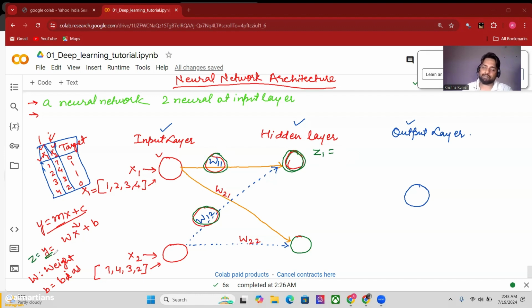Don't get confused. Now I want to show you some calculation, but there is one more parameter called bias. So this is b1. I'm talking about the equation of a line having some intercept. Suppose you have an equation of a line here, y = mx + c.